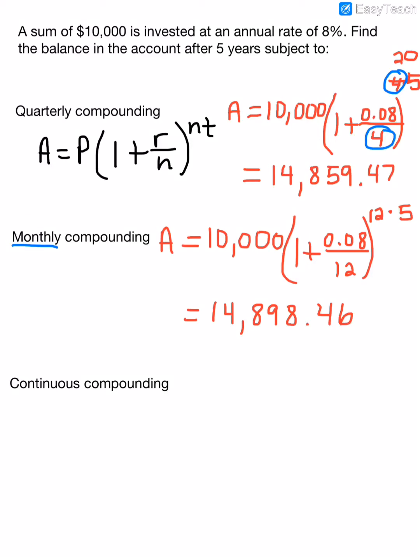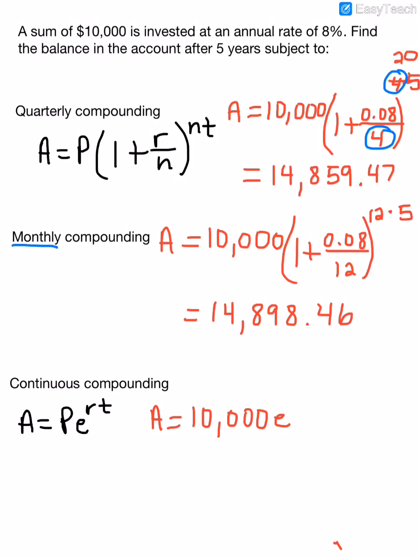Now, for continuous compounding, we don't use the same formula. We use that PERT formula, which is A equals P times e to the rt power. So in this case, again, we're looking for A. P is 10,000.